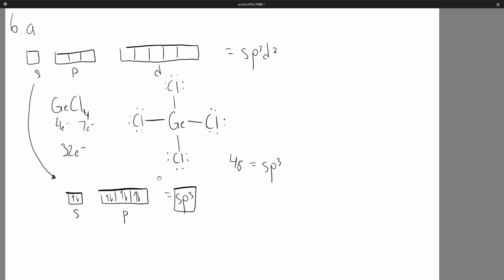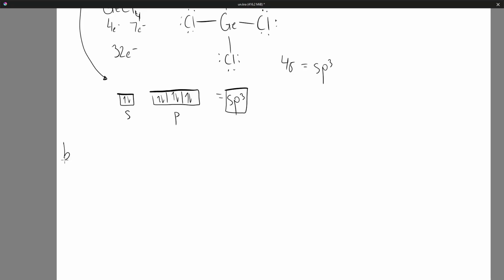Okay, now B. B is phosphorus pentafluoride. So there's 5 fluorines around 1 phosphorus.